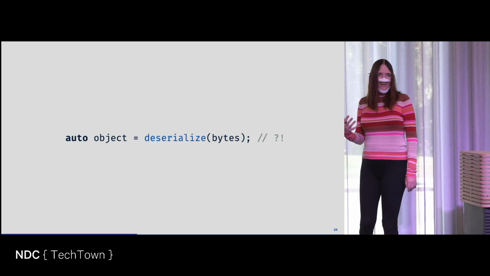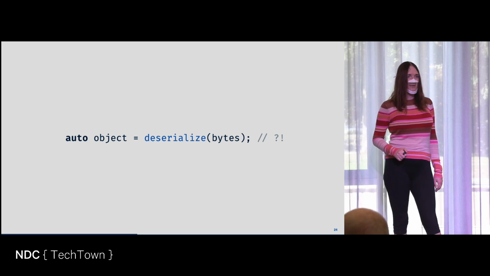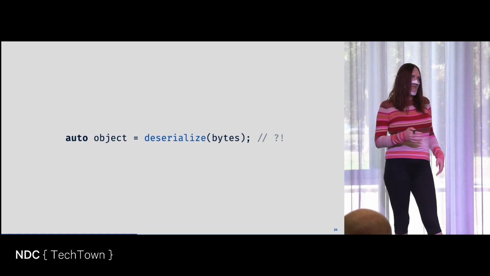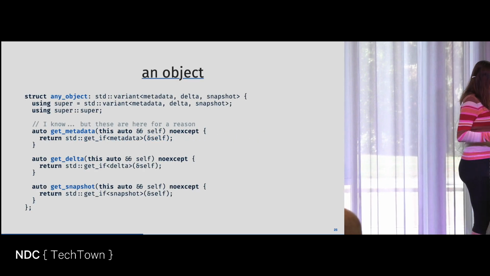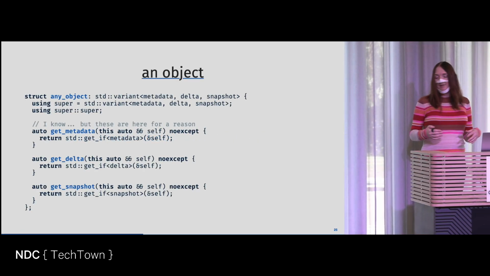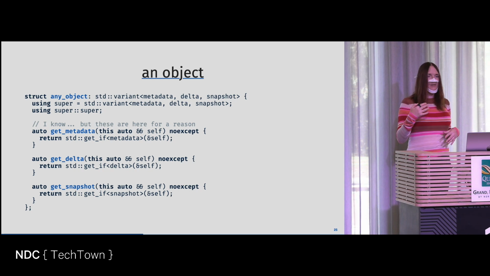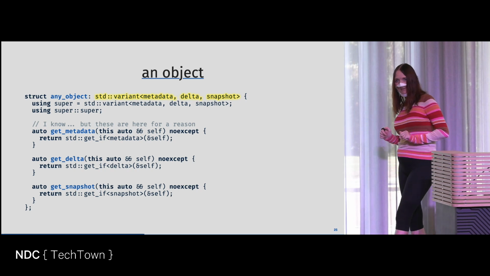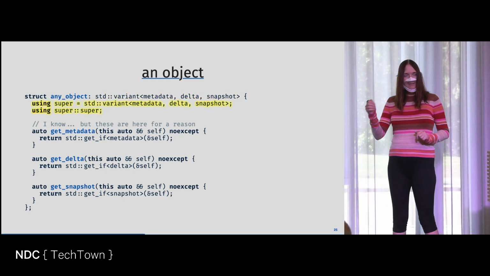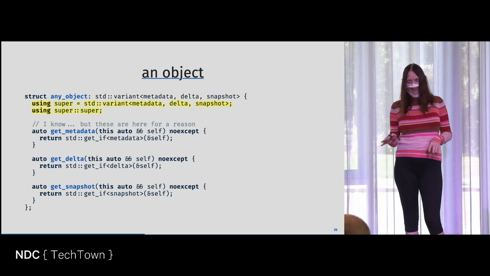So how do you deserialize bytes into an object? Use your own favorite library. But before that, I need something I call AnyObject, which is just a variant, because you can inherit from variant and take its constructor, so it will work nicely.